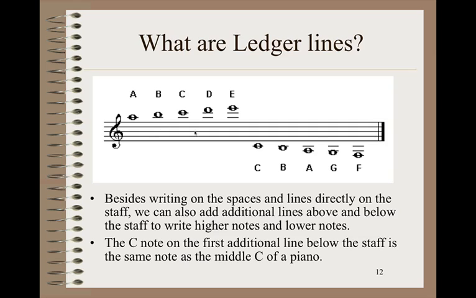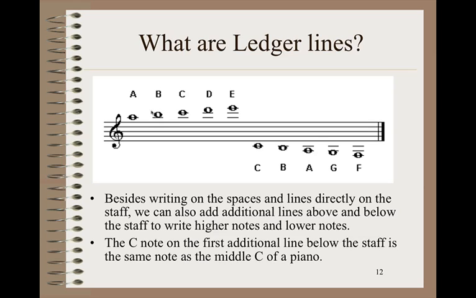Now I want you to particularly take a look at B and D. Notice that normally that would be on a space. In music, we don't add another line across the top here. So in the case of the note B above the ledger line, we just put it right on top of the ledger line, not with another line.